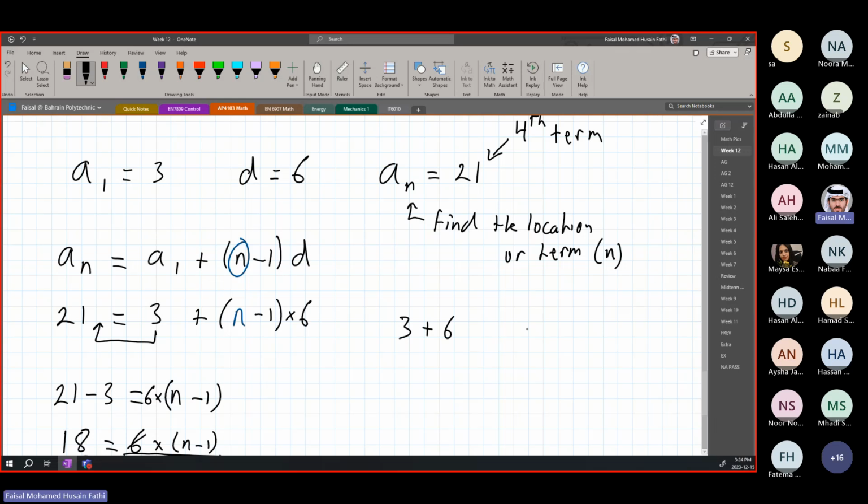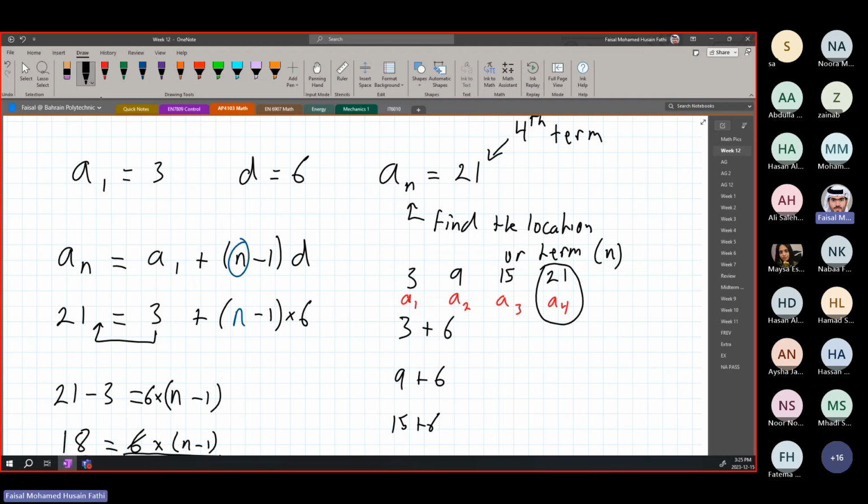So we have 3 and 9. Okay? So then again, we do 9 plus 6. This is a1, this is a2, a3, a4, which we will find now. What's 9 plus 6? 15. So now again, 15 plus 6. What's 15 plus 6? 21.